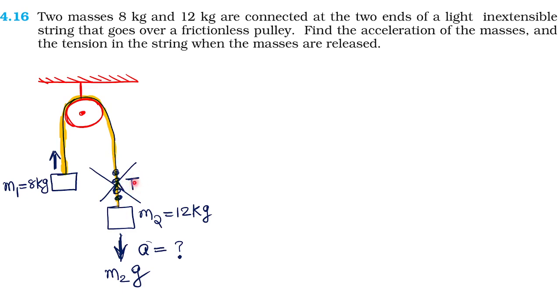So the rope particles exert an upward force on mass 2. As a result, M2 remains connected on the rope. If such tension is absent, M2 will be separated from the rope. So whenever there is a string, tension will be there. Is it okay? Clear?